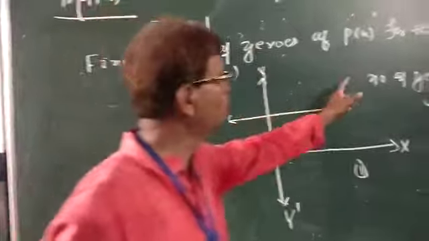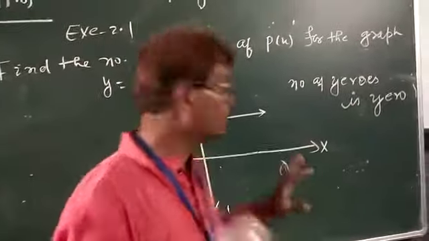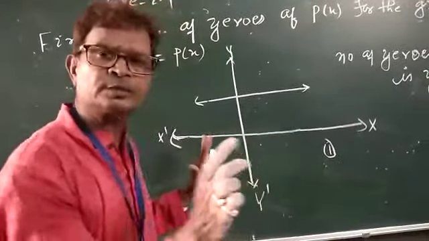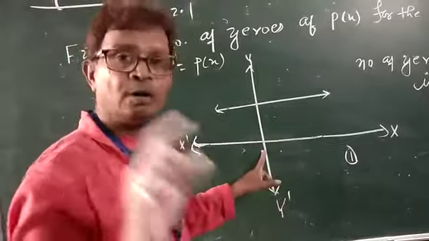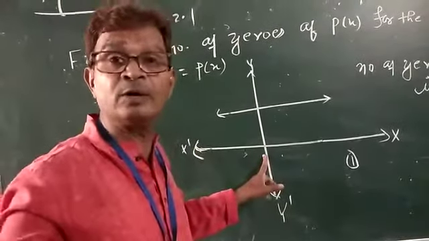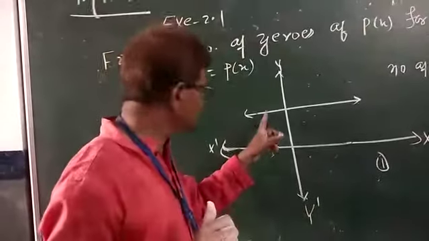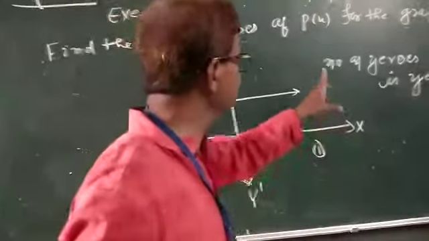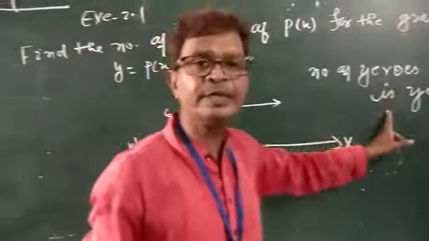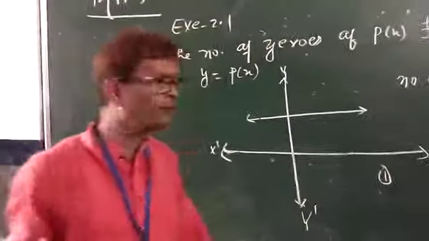So the number of zeros will be 0. I think it is clear for you.